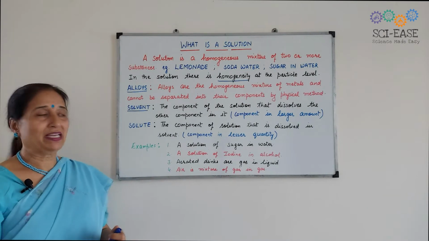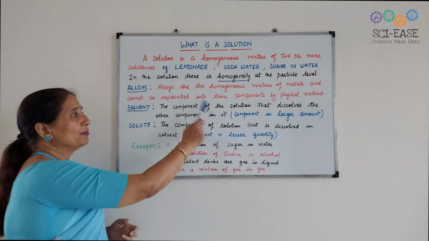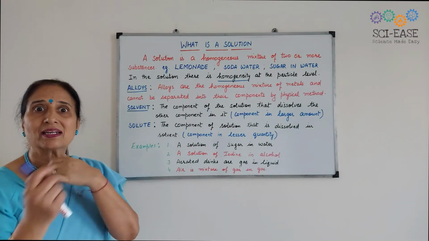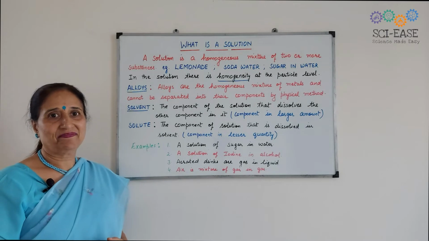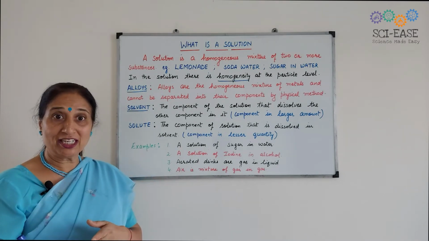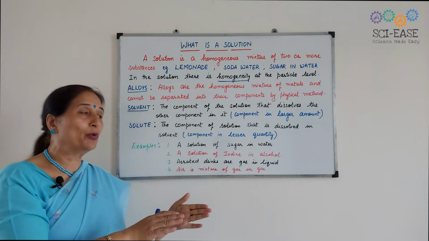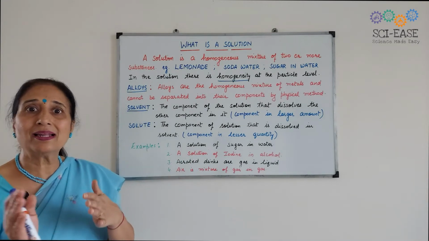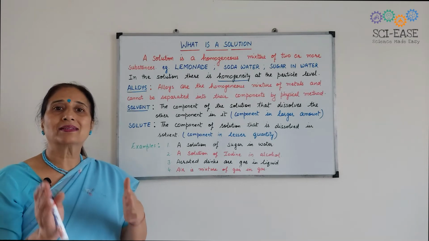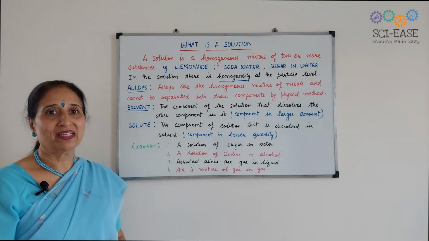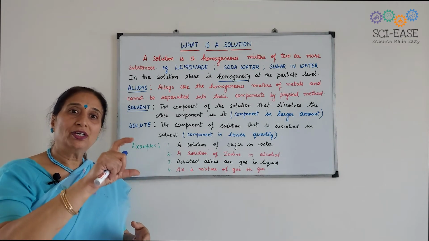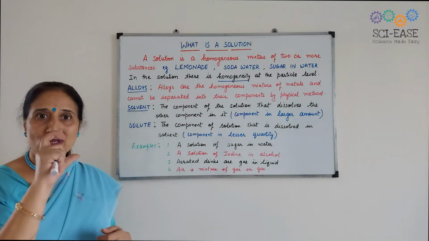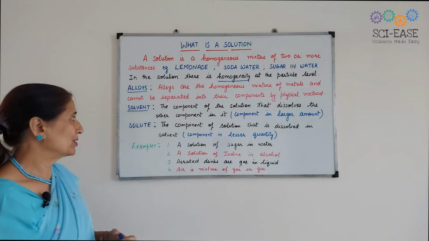What is a solvent? The component of the solution that dissolves the other component in it, that is the component present in larger amount. So in the case of sugar in water, water is the solvent because water is in larger amount.